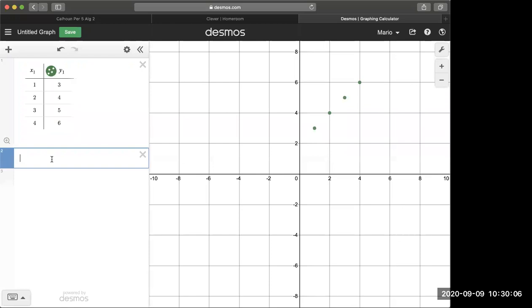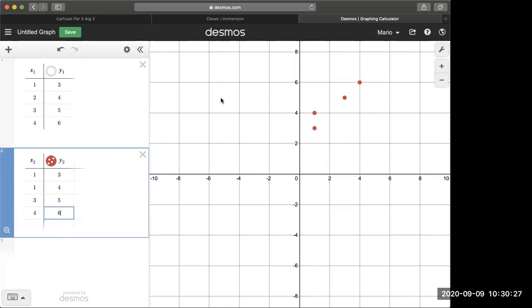An example of when this would not be a function is if I had an input with different outputs. Let me take this one in green off. So if we look at this graph in red, this is not a function because this input, 1, has 2 different Y values.